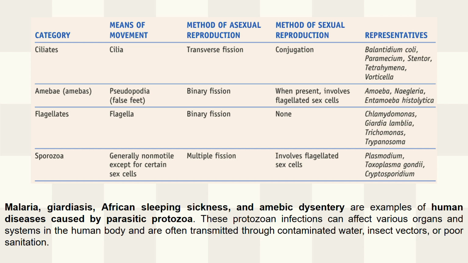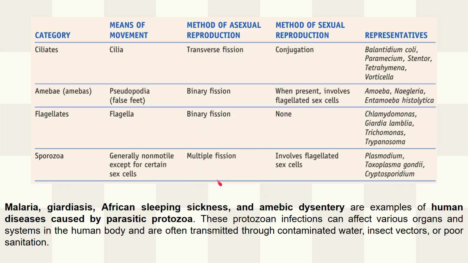Also, protozoa are characterized based on their reproduction. Take note, class. Protozoa reproduce either asexually or sexually. Some do both, some are only asexual. In asexual reproduction, the majority undergo fission: transverse fission, binary fission, multiple fission.